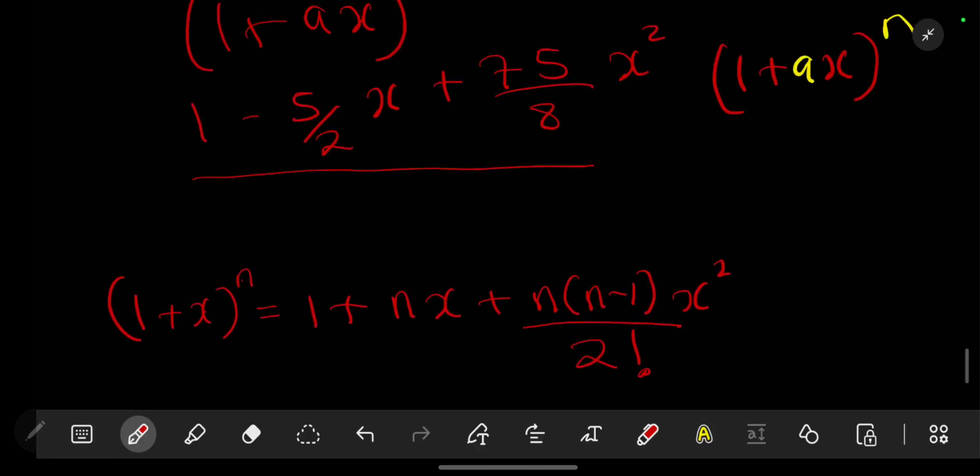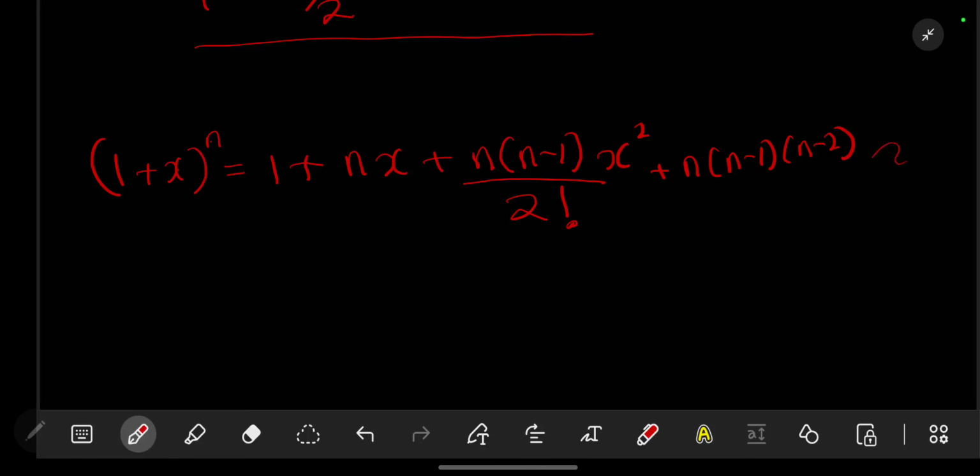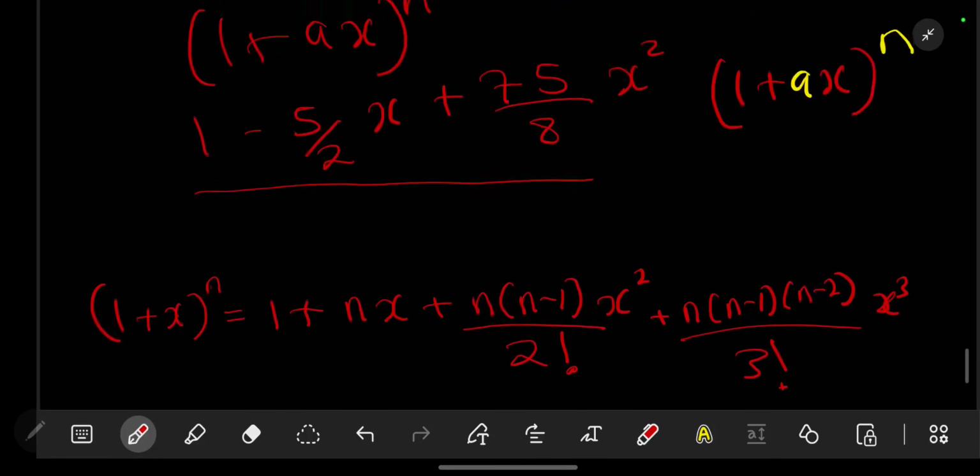The next one, if there were 4, you say n(n − 1)(n − 2) times x to the power 3 over 3 factorial, and so on, but we just need 3 terms.